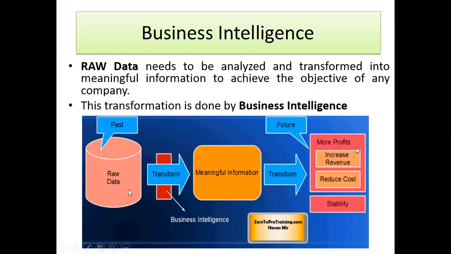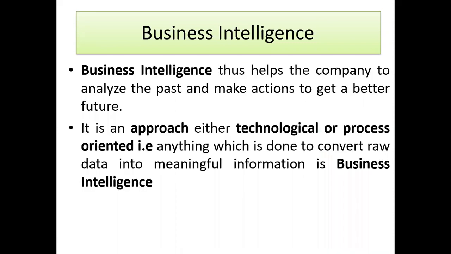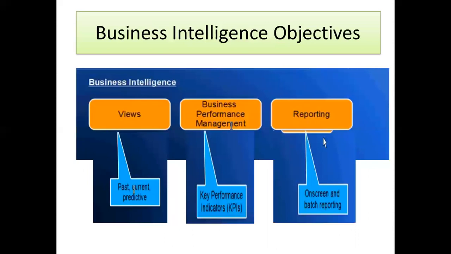Then we transform this into profit statements, like increase revenue, reduce cost. That means we are going to generate reports based on this transformed data. So this is the business intelligence that helps the company analyze the past and make actions to get a better future. Okay, that is all about business intelligence.